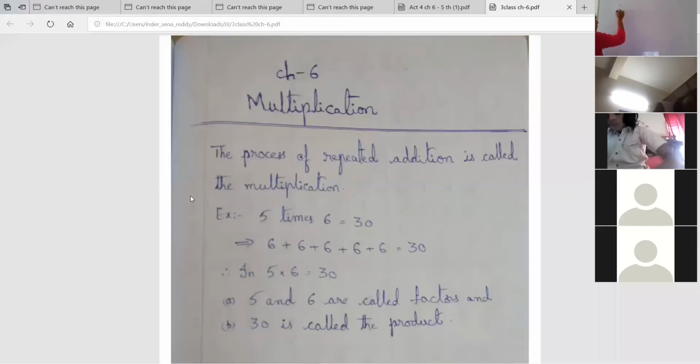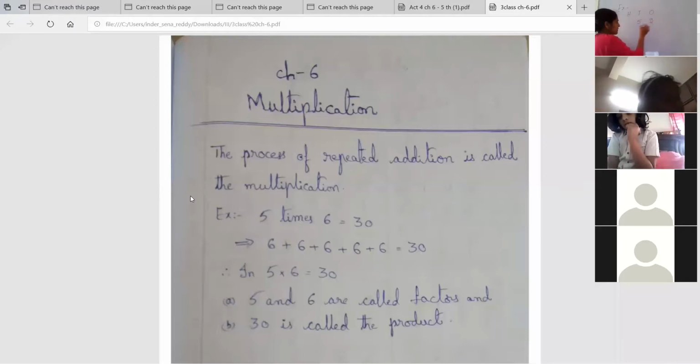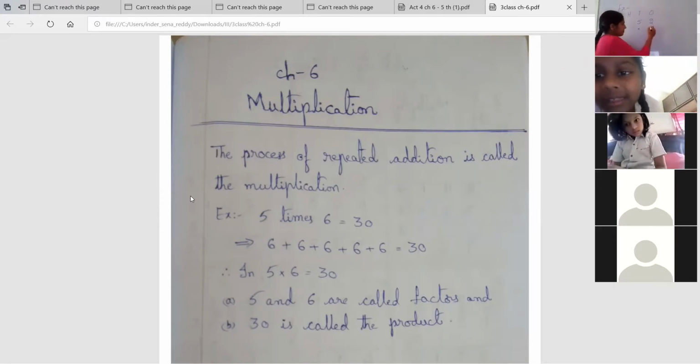I'm taking one more example here. Right after that note, whatever I'm showing after this, A and B points, you copy from the board now. Okay, ma'am.